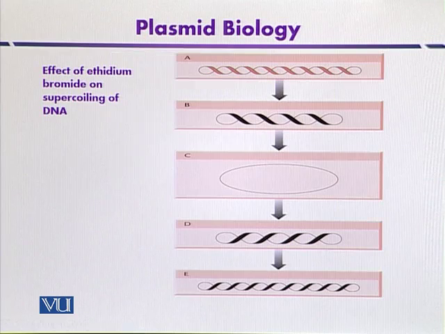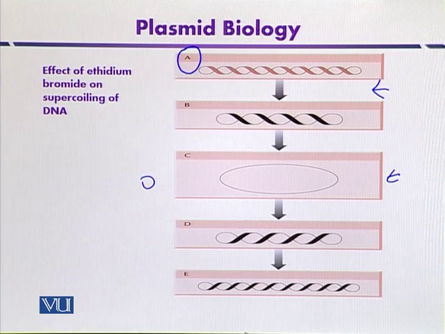This is another diagram that shows the effect of ethidium bromide on supercoiling of DNA. Here in figure A, the DNA is present in highly supercoiled form, and if it is treated with ethidium bromide at this step, then it starts its unwinding, so that the supercoiled form is finally converted into open circle here, which we can call the OC DNA.